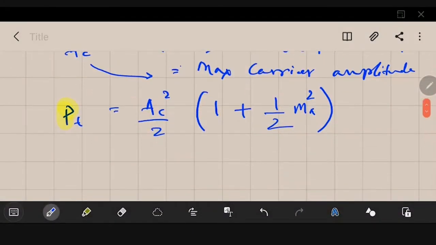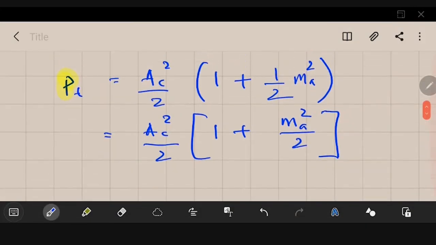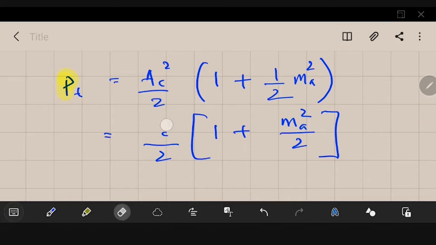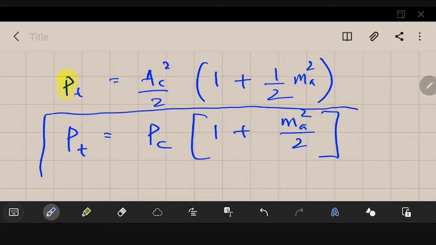Or we could write it like this: AC square by 2 into 1 plus MA square by 2. The AC square by 2 we know is basically the PC, or the carrier power. So let me, in place of this, write PC. So we could say that PT is equal to PC into 1 plus MA square by 2.